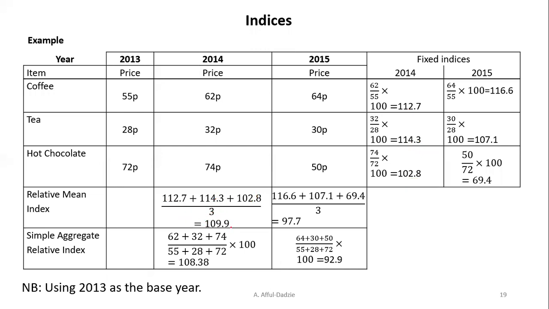That average is the mean relative index, or the relative mean index. The same applies to 2015. Here, this is the index number for coffee, this is the index number for tea, and this is the index number for hot chocolate. We sum them up and divide by 3, and it gives us the relative mean index.